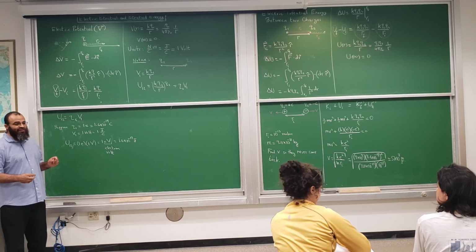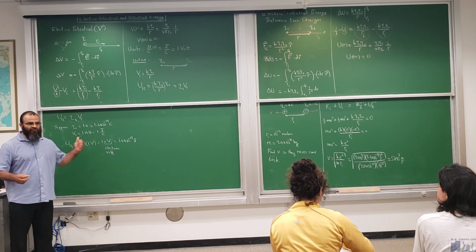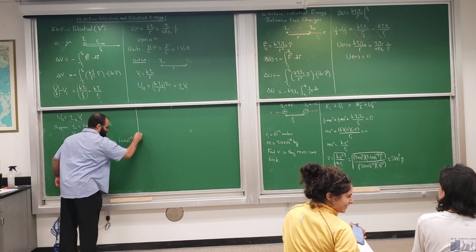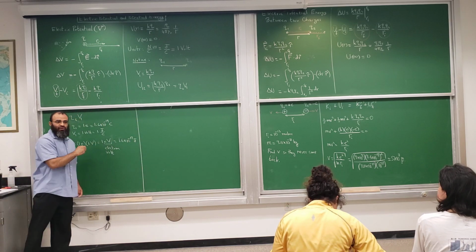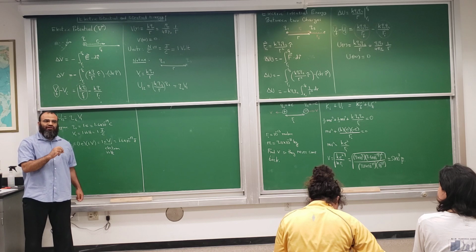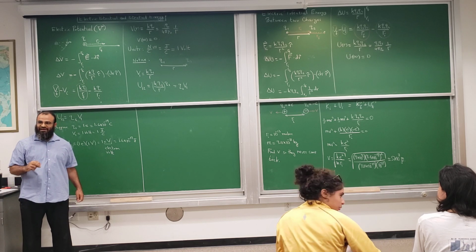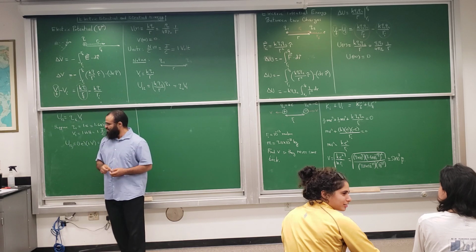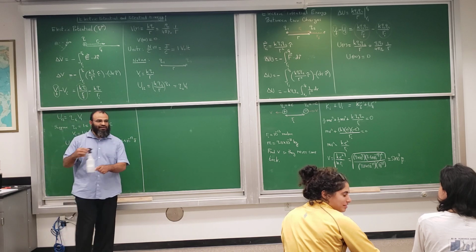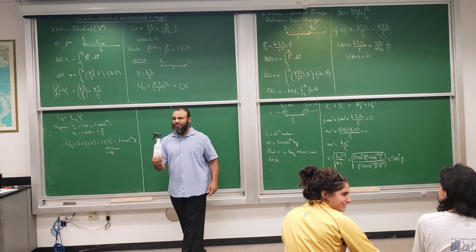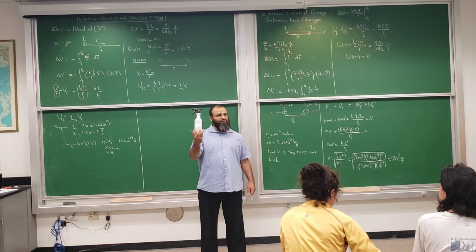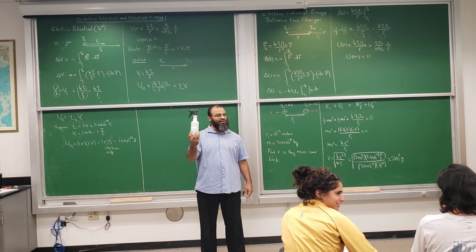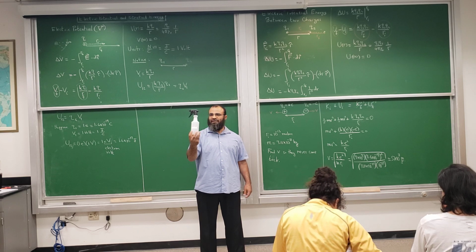Time flies. So the next thing I want to emphasize is some conceptual stuff. There are things that happen with electricity that you have not seen with masses. And the reason is this. Here's a mass. If I move the mass in the same direction as the gravitational field, in what direction is the gravitational field?